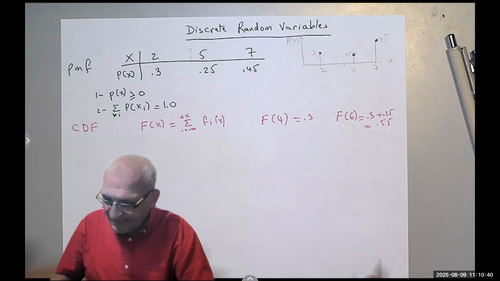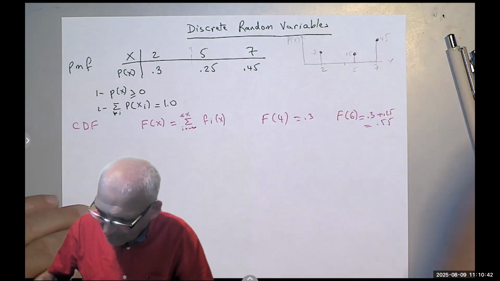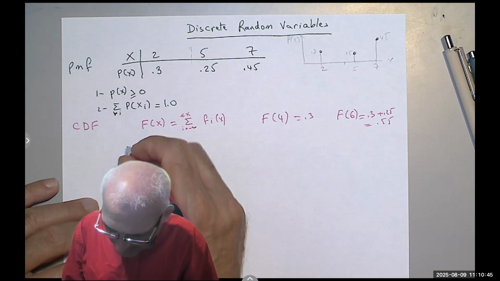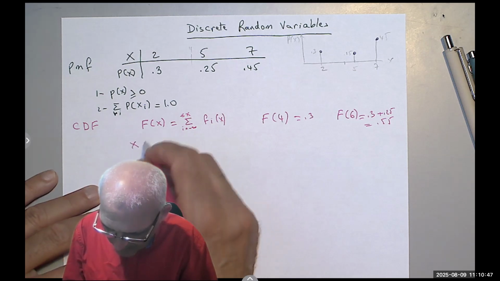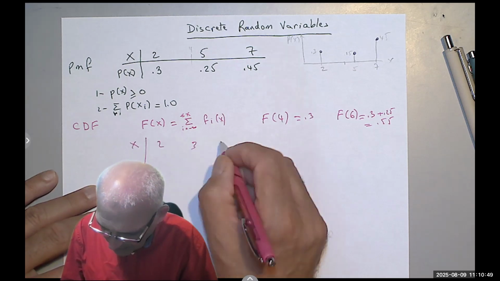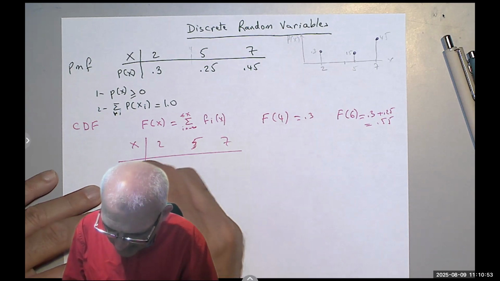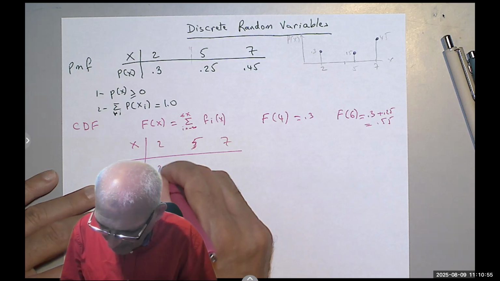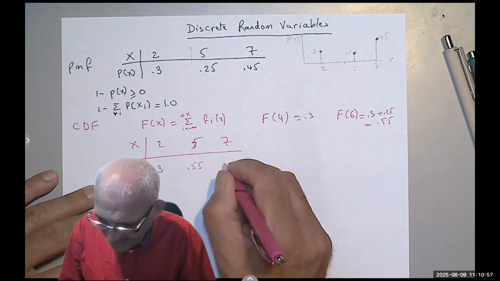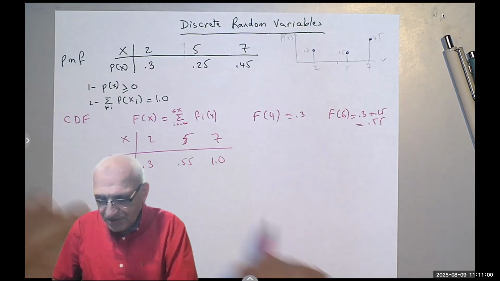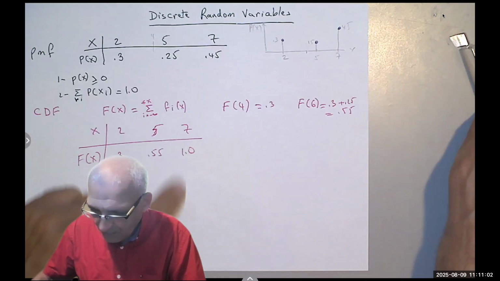Anyway, I get the same result. If you want to do it in table form, x is 2, 5, 7, then f of x would be 0.3, 0.55, and definitely 1.0. When you reach the last number, you have to be at 1.0.